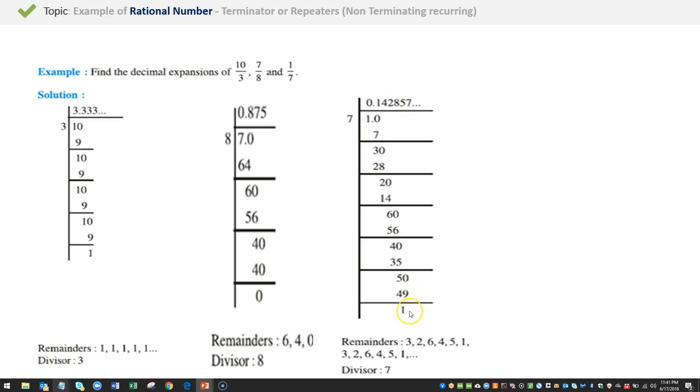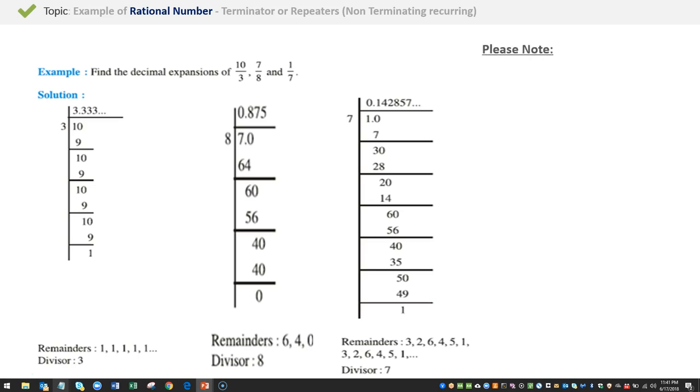Here is an example. You will see the remainder comes as 3, 2, 6, 4, 5, 1, and then it repeats again as 3, 2, 6, 4, 5, 1 for divisor 7. This is an example where you see it repeats a pattern after a certain number of digits.